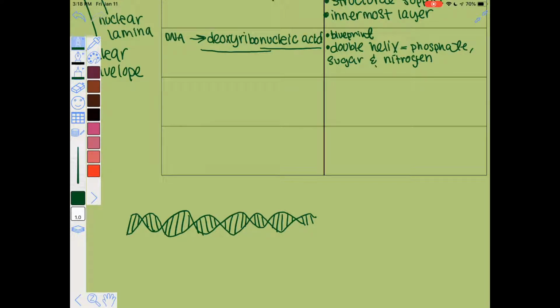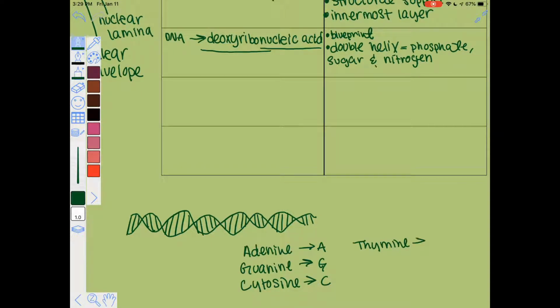And these nitrogen bases are four different but very specific types. One being adenine, or A, the other being guanine, or G, the third one being cytosine, or C, and the fourth being thymine, or T. Now, this is very important because DNA is a pattern that can be coded into protein or polypeptides.